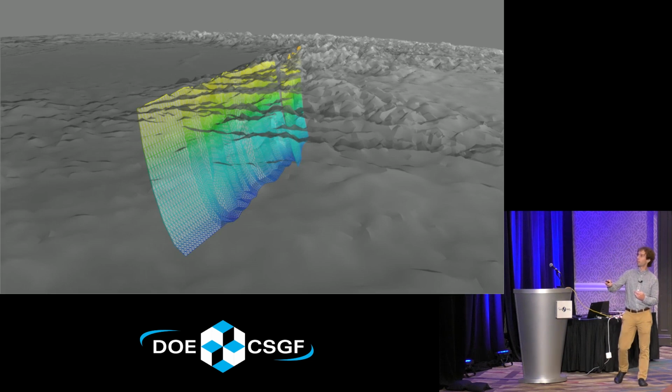This is, again, looking at the model that we've put together. So you can see the topography in the Tibetan Plateau on the right here, and then the shallow basin to the left with the fault cutting in between. And you can even see we have Earth curvature. So this is trying to be as geometrically accurate as we can.